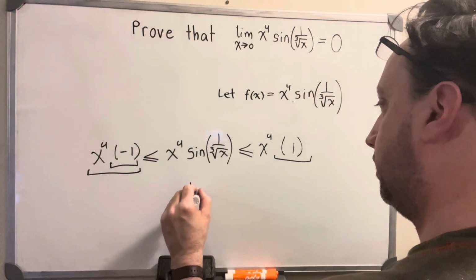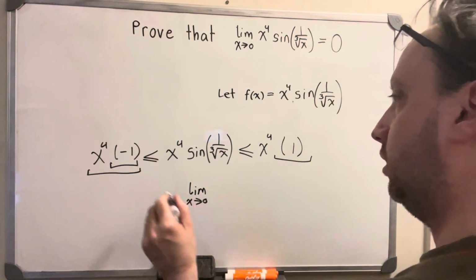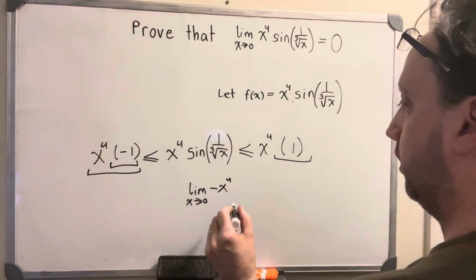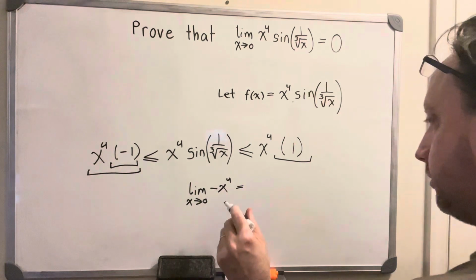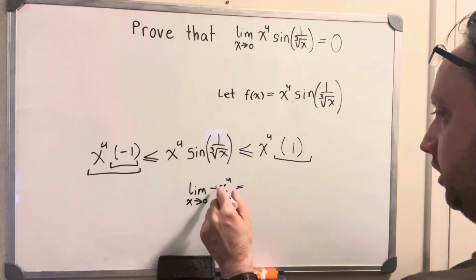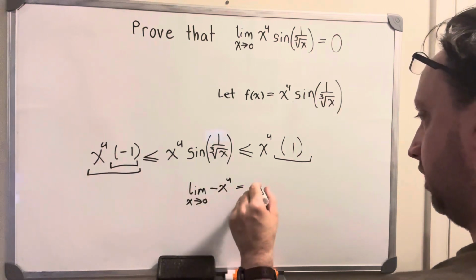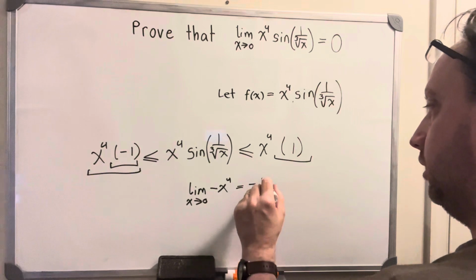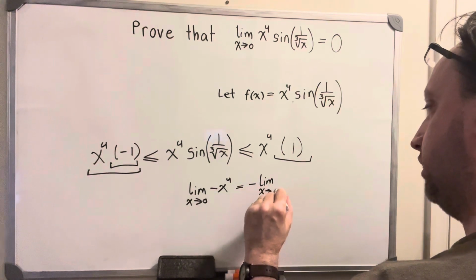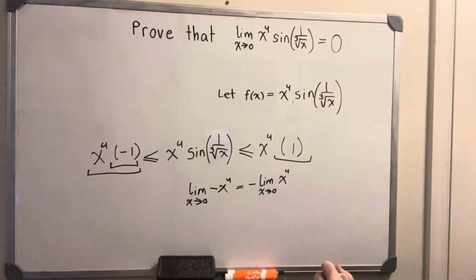What is the limit as x approaches 0 of -x to the 4th? Now, negative is the same as -1, right? And that's a constant. So by the theorem that you can pull a constant out of a limit, you have minus the limit as x approaches 0 of x to the 4th.